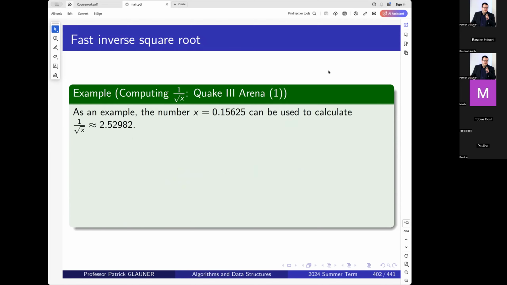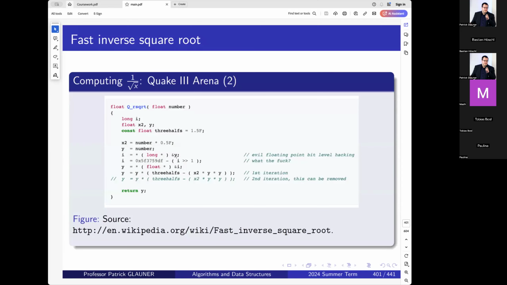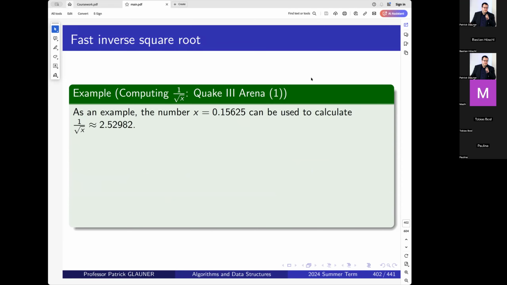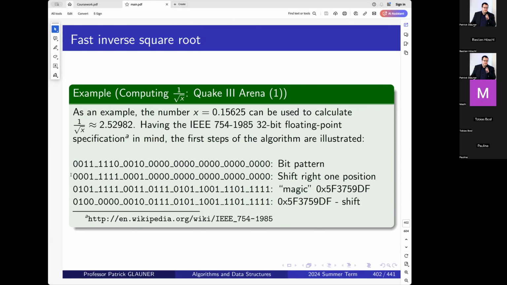And then we saw the next step was we took our number I and we bit shifted it by 1. So we moved all the bits by 1 to the right. I had this bit pattern and I shifted it just by 1 position to the right. Then I have this magic number, this hexadecimal value, which can also be represented fairly easily in this format.